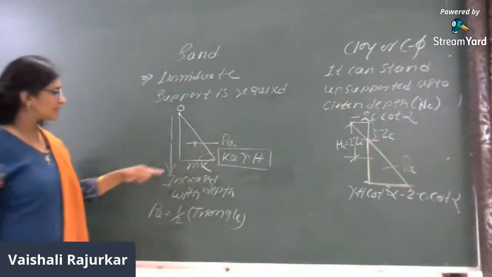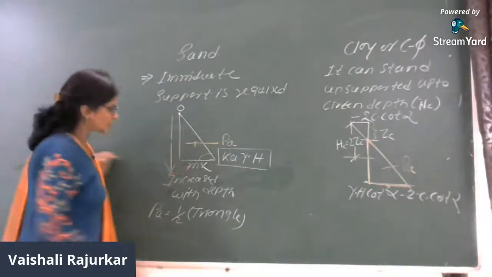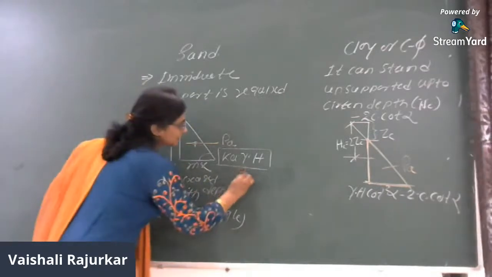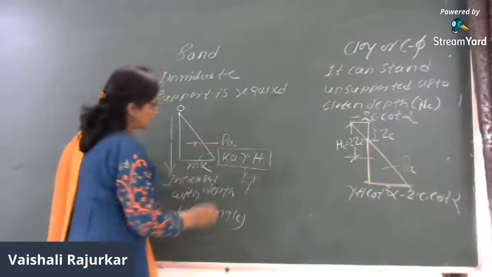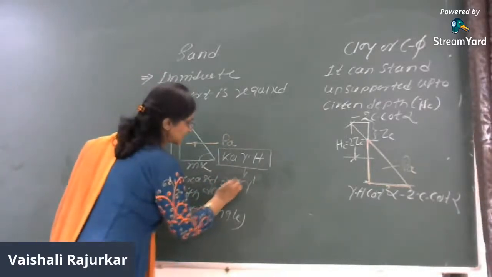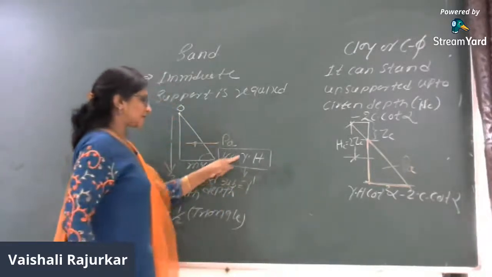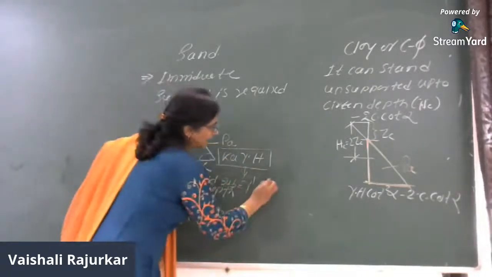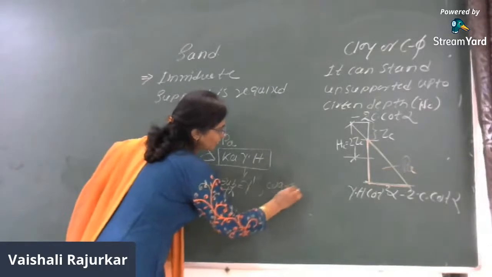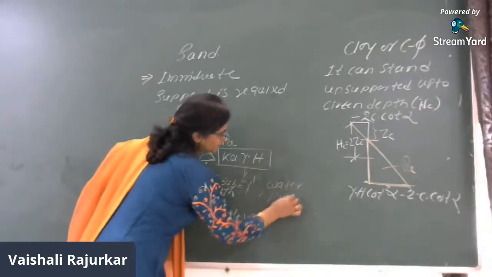Now always remember that when there is an entry of the water table, this becomes gamma submerged. यहाँ पर if soil is submerged, in that case, instead of gamma, the gamma submerged is taken into consideration, and another pressure, that is the water pressure, is taken into consideration.